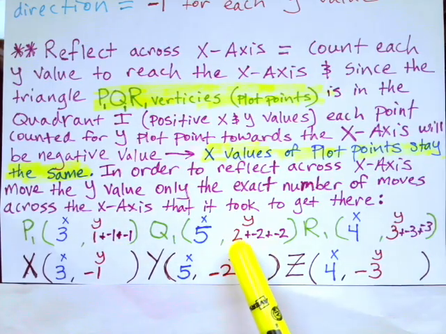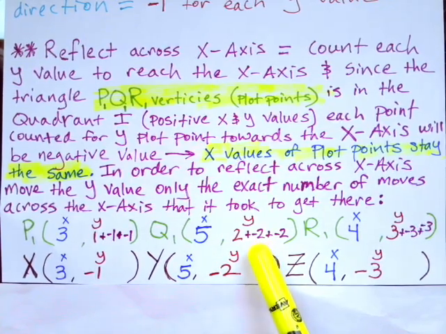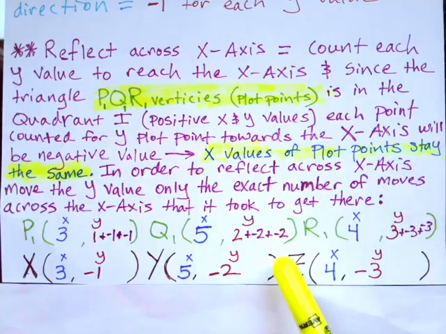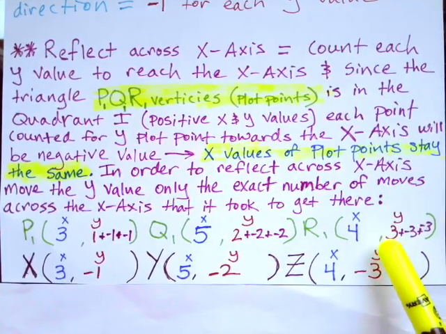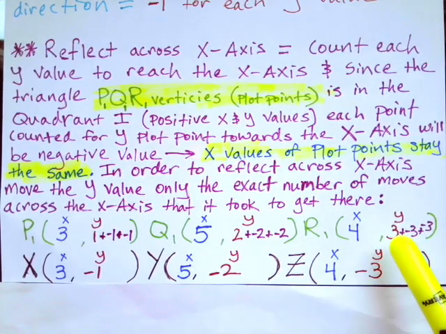My y value for Q prime at a positive 2, it takes 2 negative moves to get to 0, or the x-axis. So then in order to reflect, I add another -2. For my R prime, my y value is at 3. In order to get to the x-axis, I have to count -3 to get to 0, or the x-axis. So in order to reflect, I have to count another -3.